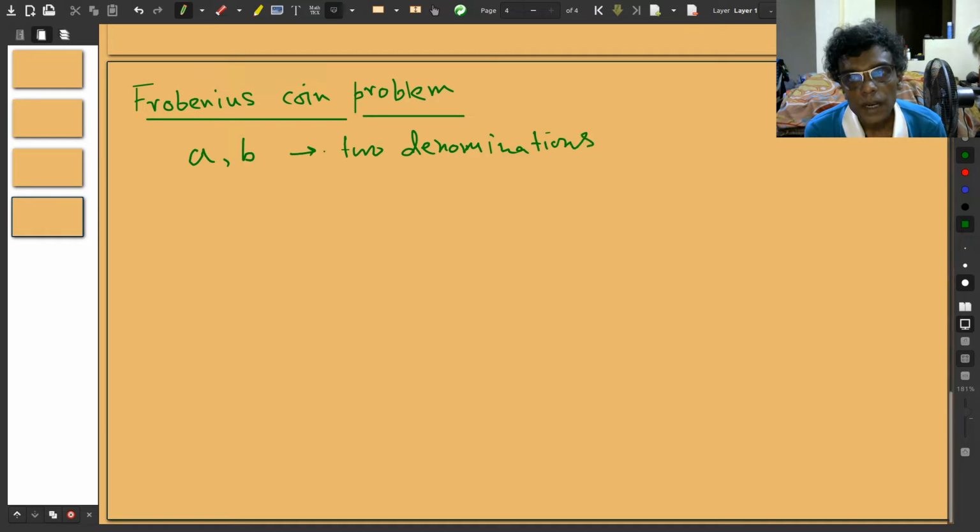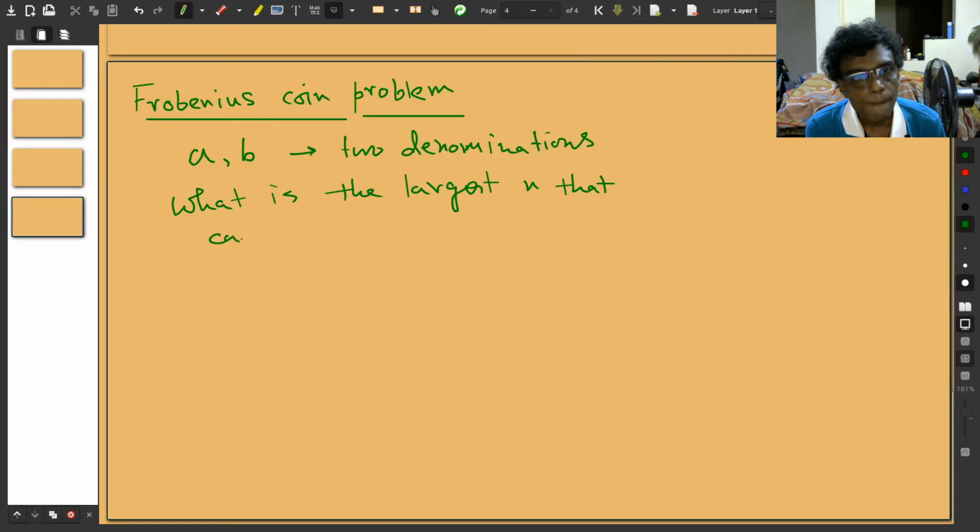In our earlier example, A was 4, B was 7. And then Frobenius asks the question: what is the largest n that cannot be exchanged by coins of these denominations?